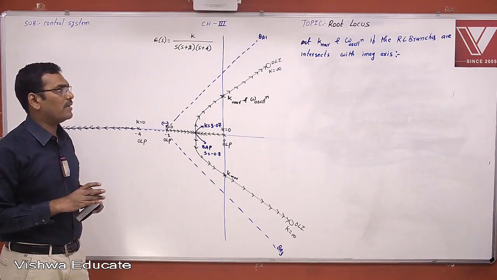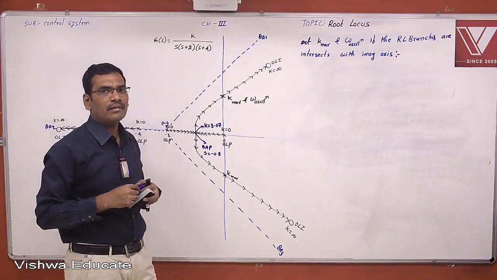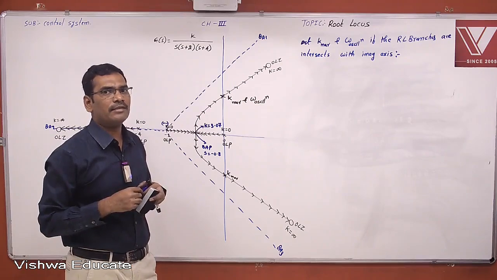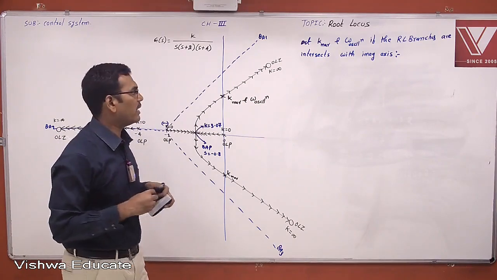What is the K margin and what is the frequency of oscillations? Any idea? Is this the first time you have heard the word K margin? No, the K margin and frequency of oscillation we have calculated n number of times.